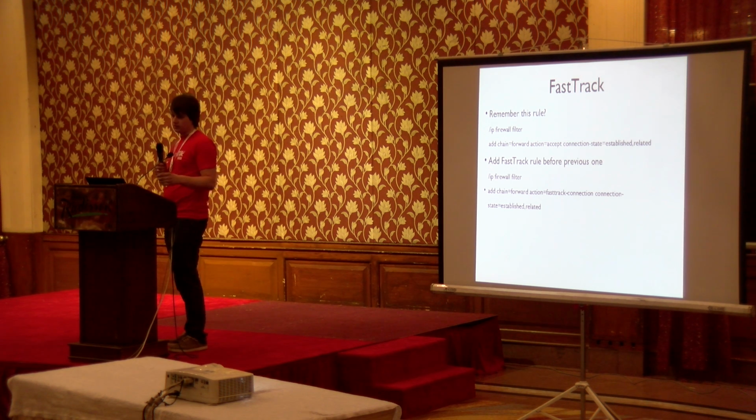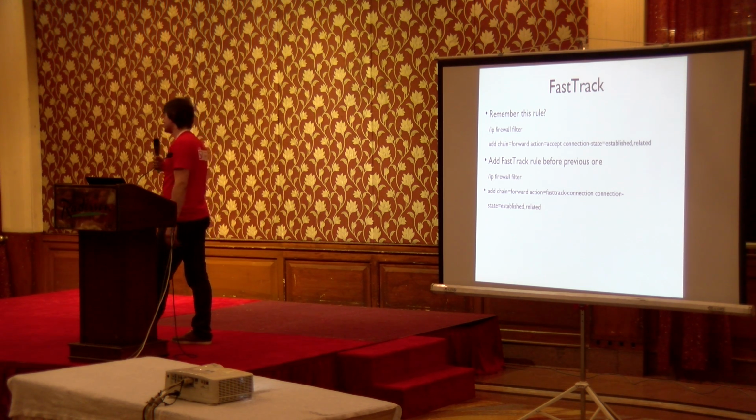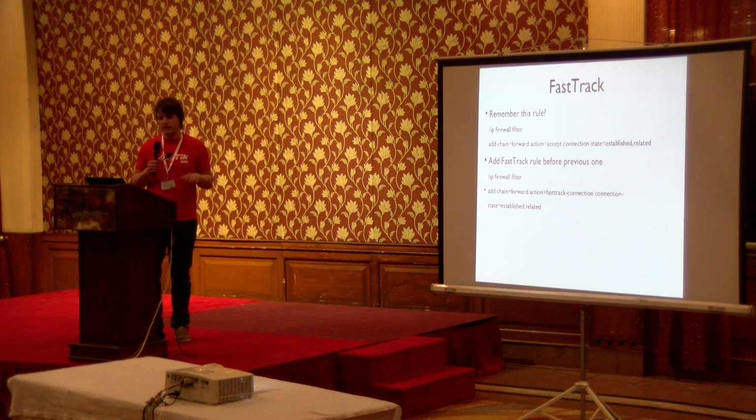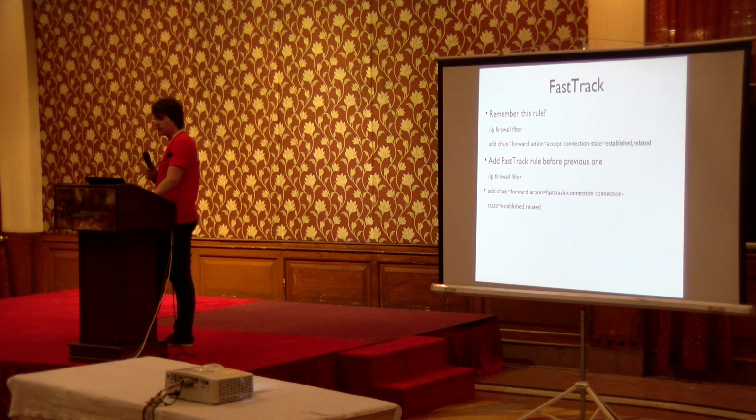This takes CPU resources, and this brings down the actual throughput. So how can you avoid this? You can make one additional firewall rule, which is responsible for sending all the established and related connections to fast track. So the router will just skip all those checks, and this is a very good way to improve the throughput of your device.